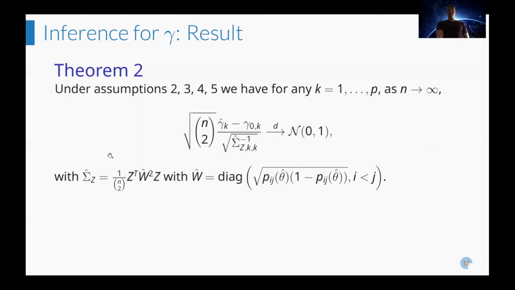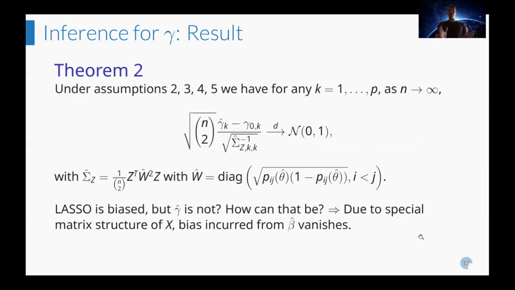And this matrix sigma hat is just the Hessian of the negative log likelihood with respect to gamma evaluated at theta hat. So if you're familiar with Lasso theory, you might say, hold on, how can this be? Lasso is biased, we know that. Now I claim that these gamma estimates are not biased.